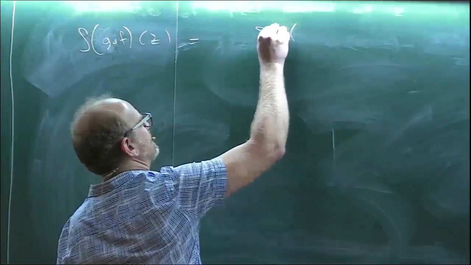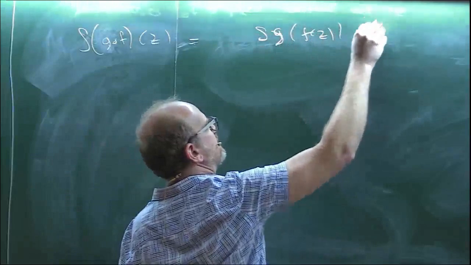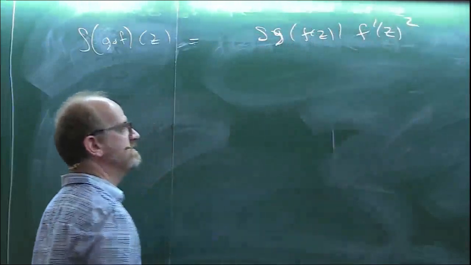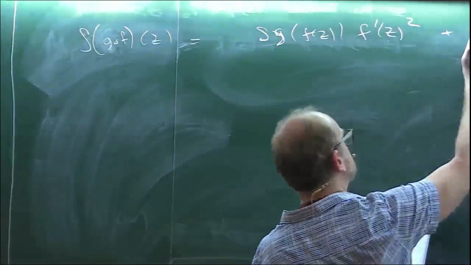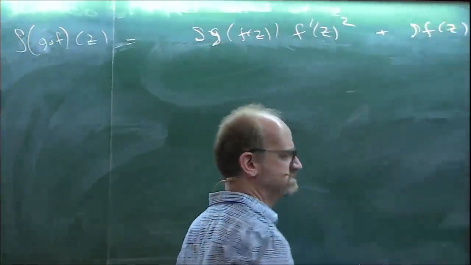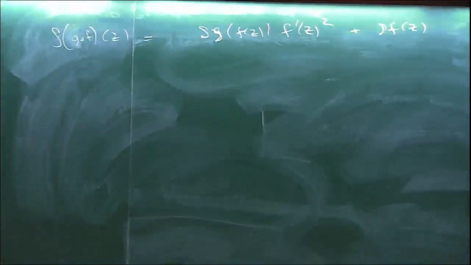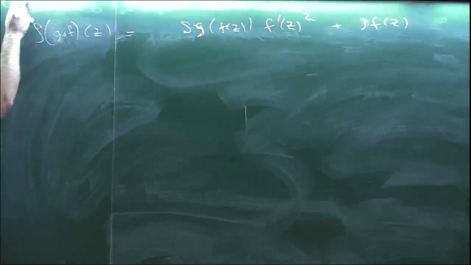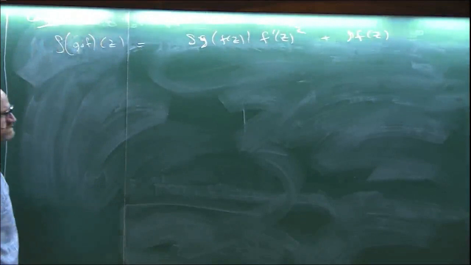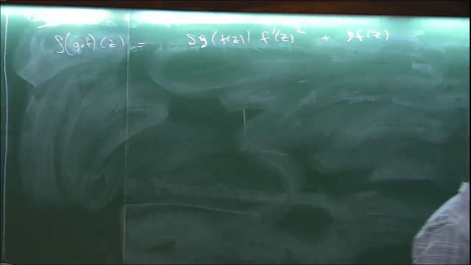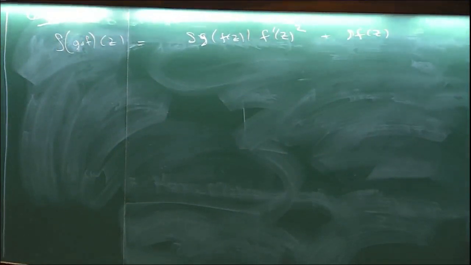But you take the Schwarzian of g, you evaluate it at f, and then the interesting thing here is you take the derivative of f and you square it. Okay, so this is the composition rule.